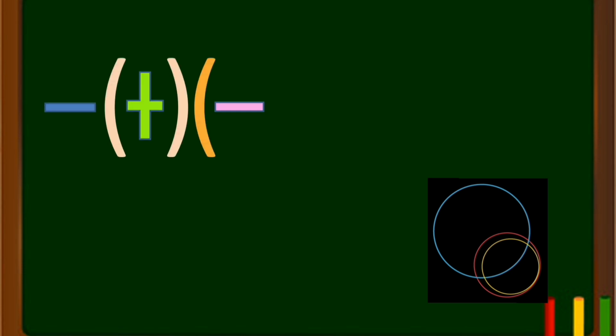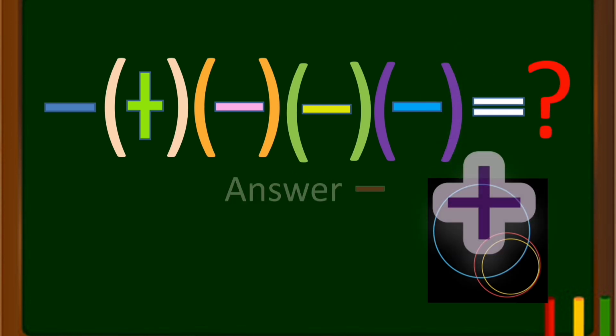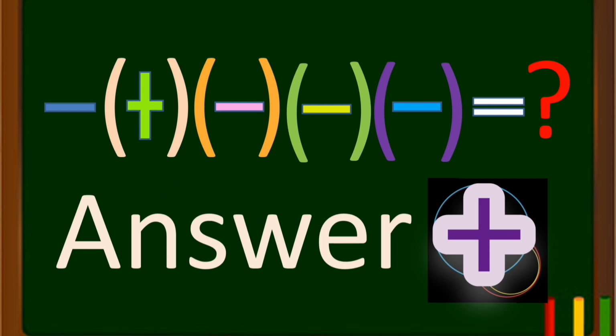Minus times plus times minus times minus times minus is equal to what? If plus was your answer, then you're correct. Minus times plus is minus. Minus times the next minus is plus. And plus times the next minus is minus. And minus times the last minus is plus. So, the answer is plus.